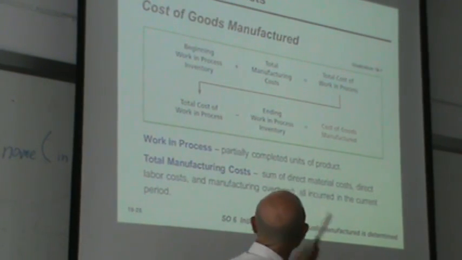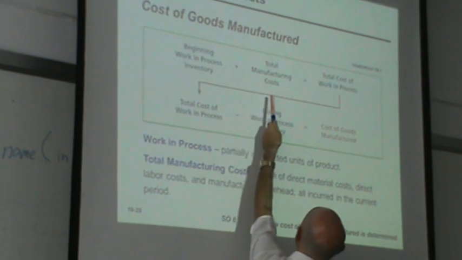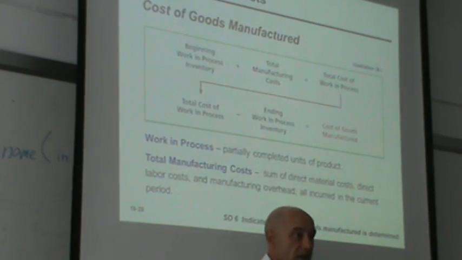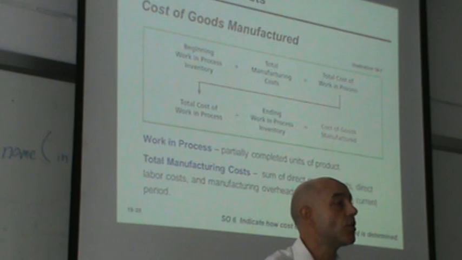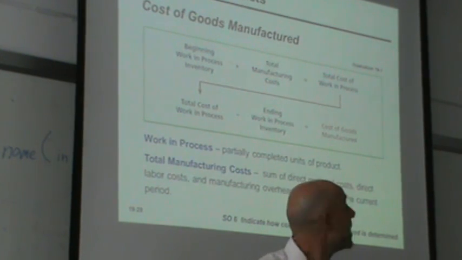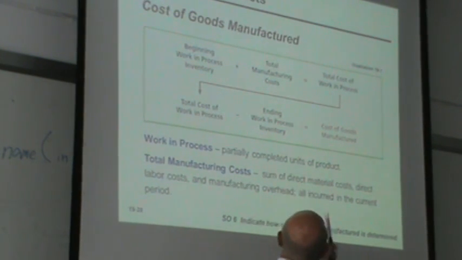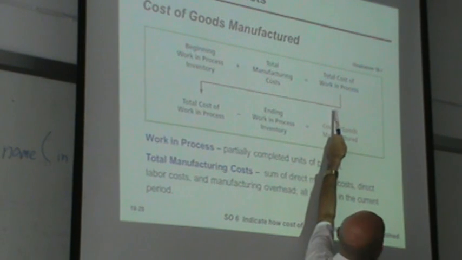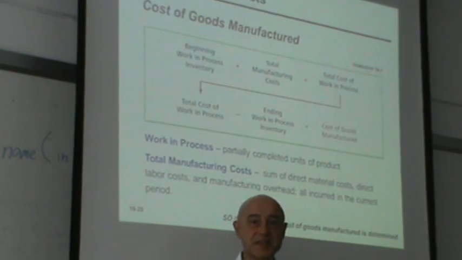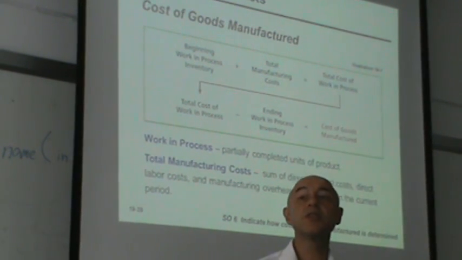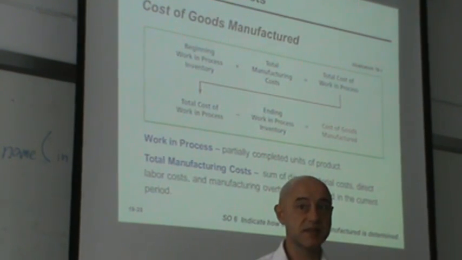Again, it's the same concept. You add the total manufacturing costs. So, oh, we got a total manufacturing cost. And we call this total work in process. Total work in process.